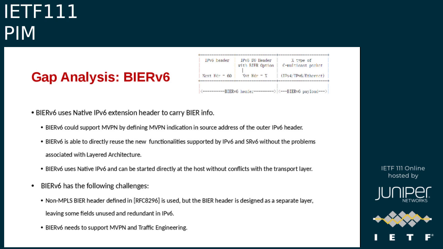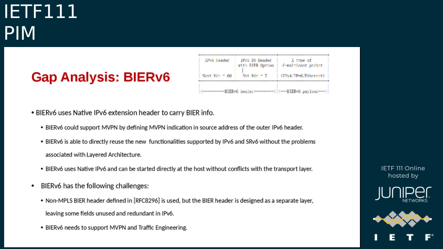Why? For example, we do have a BIER TE architecture in a BIER group proposal. So traffic engineering in BIER, in my understanding, is very much in the scope of the BIER working group.